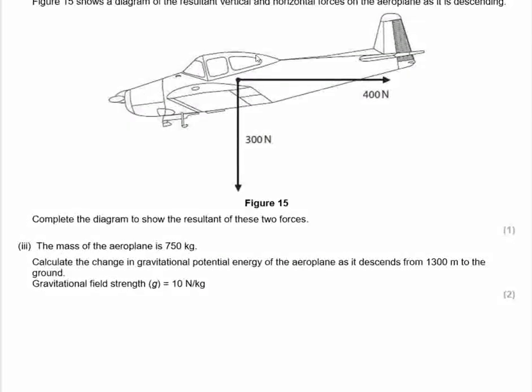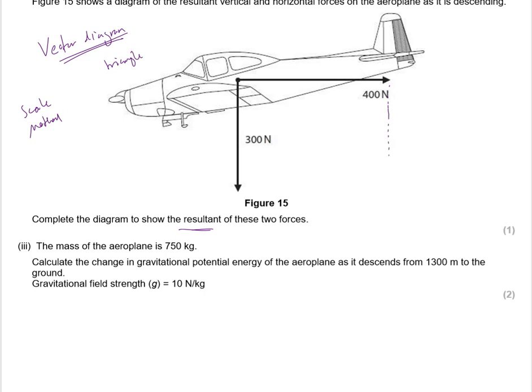Okay, now this one is something we spent time doing. So remember vector diagrams. There are two methods. You've got the scale method, and then you've got the triangle method, or joining the arrows. Here we need to construct one, just one mark. So what I'm going to do is draw a parallelogram. Use your ruler.